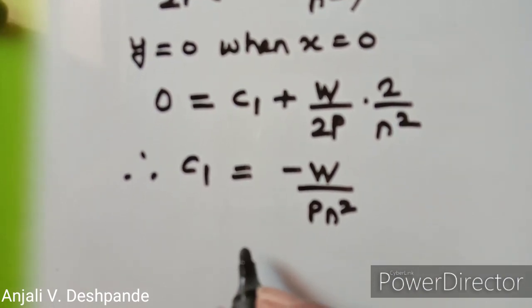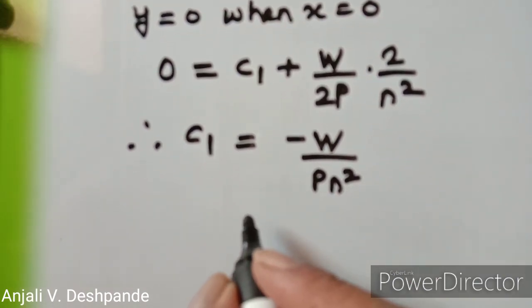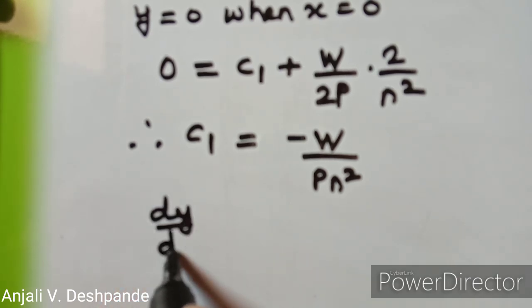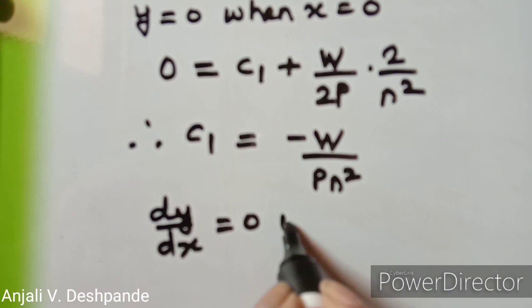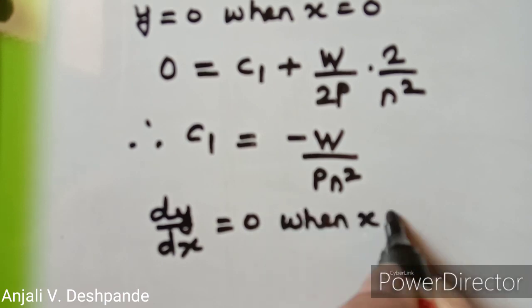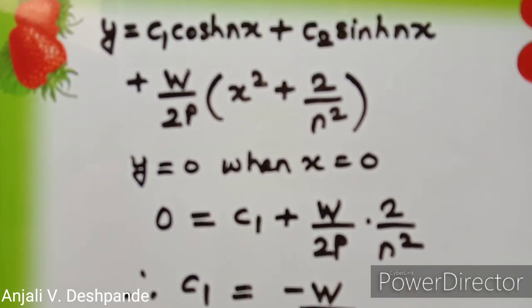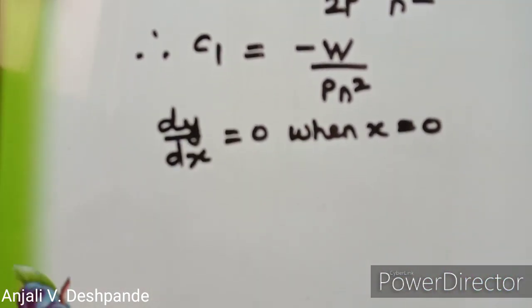Now a second condition was given to us. What was that? dy by dx is equal to 0 when x is equal to 0. To use this condition, first of all we will find the derivative of this y and then use the condition.